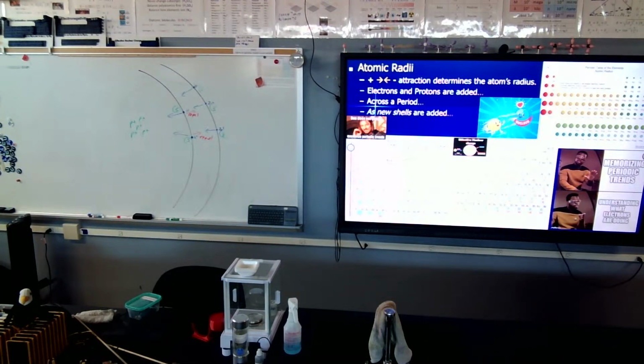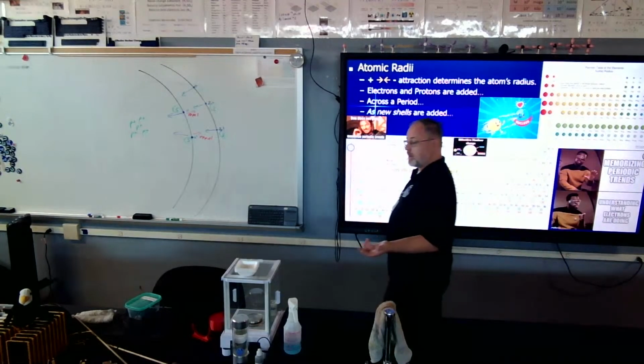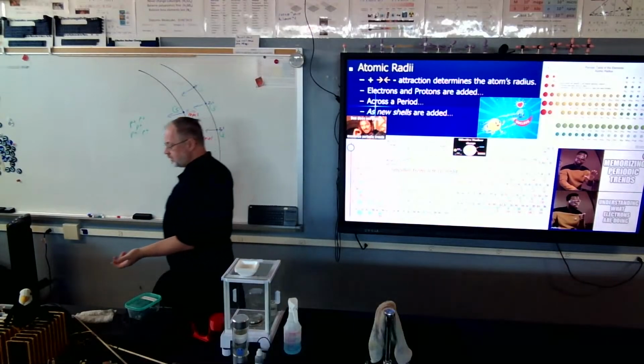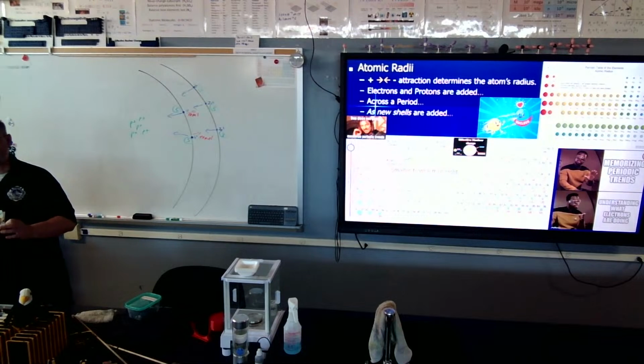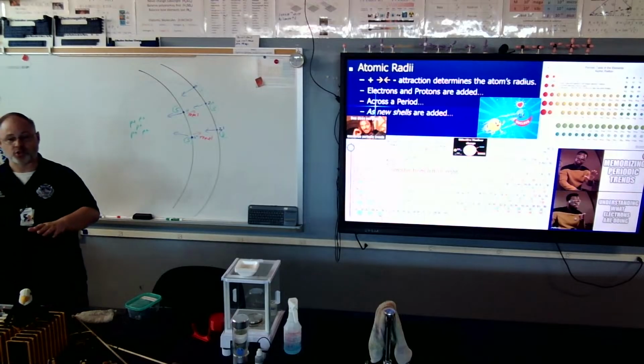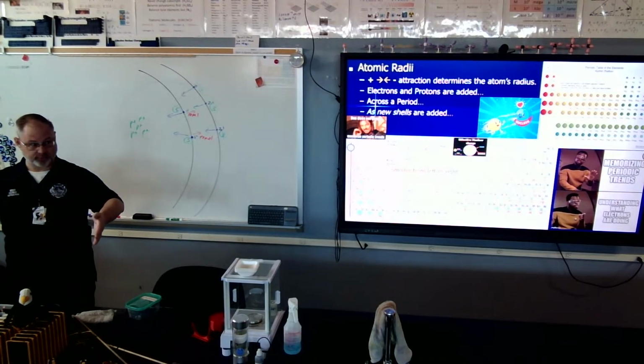As we go down the periodic table, we add new shells. And the new shell, listen carefully, all the electrons in the new shell have a very low effective nuclear charge because they're shielded from all the previous shells.